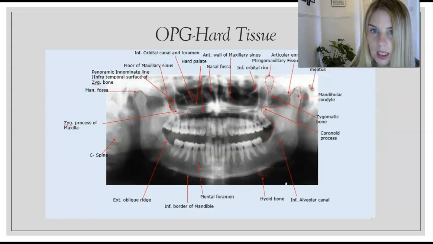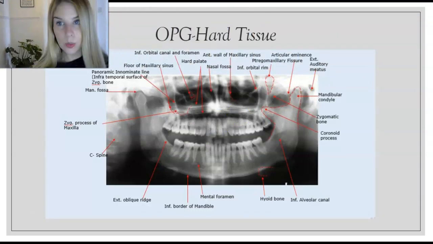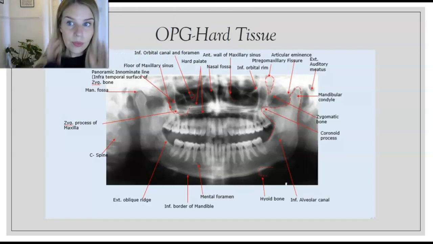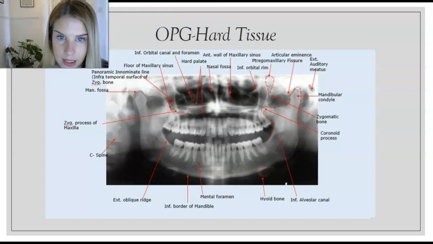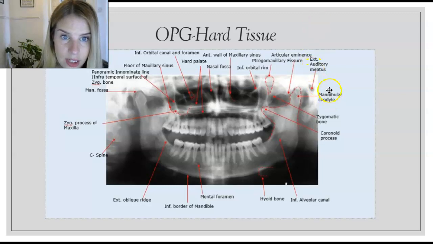And then this one gives quite a good overview of everything that you can see. So you can work your way through this and see if you can practice identifying these different anatomical landmarks. Essentially, you can see quite a lot. Over to the far right here, you can see the external auditory meatus, this little hole.